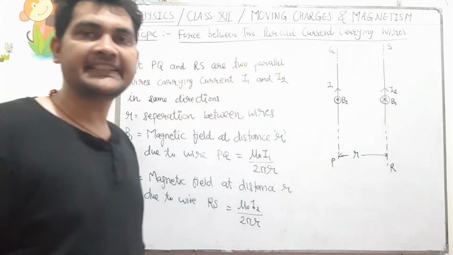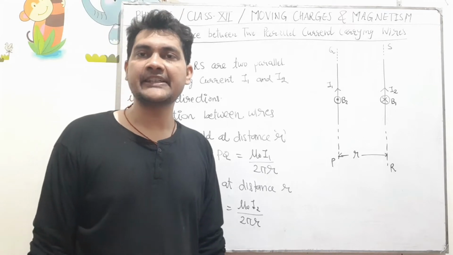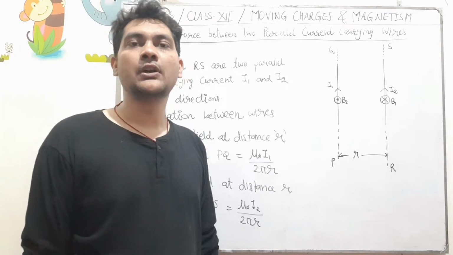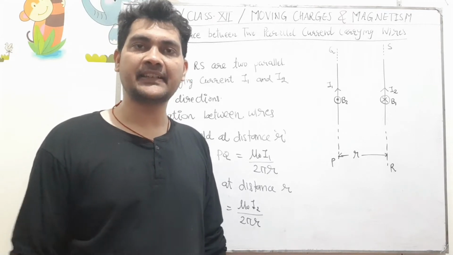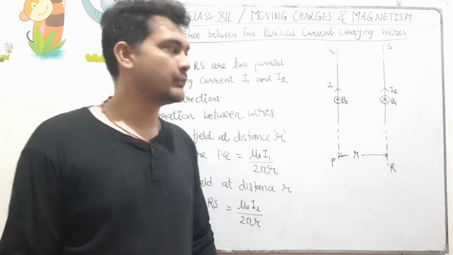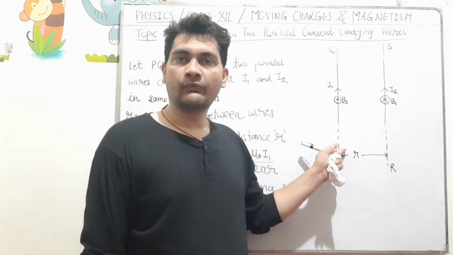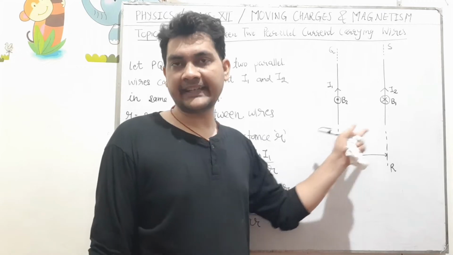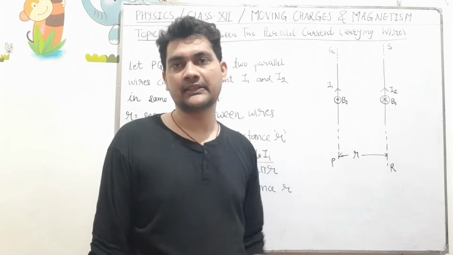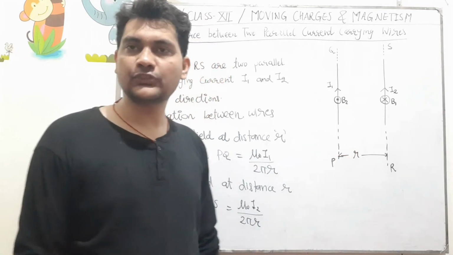These two magnetic fields B1 and B2 will definitely interact with each other, and because of their interaction the wires will either attract or repel each other. Let us see what are the forces on each wire.